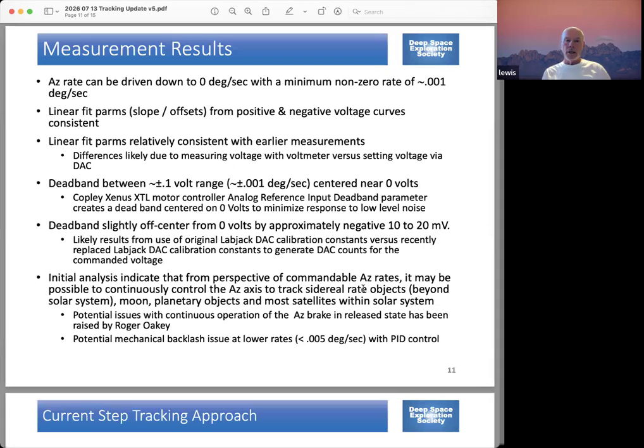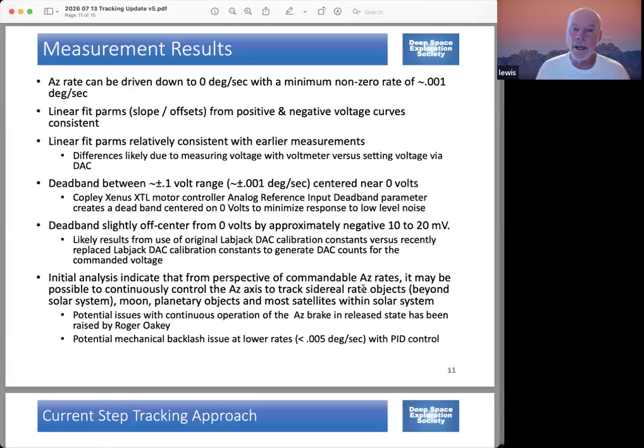I looked at the Copley manual, and there's a parameter in there called the deadband parameter. Basically what it says is the Copley will interpret any voltage whose absolute value is less than that as 0. The intent of that is to keep the Copley from responding to very low voltage noise on it.